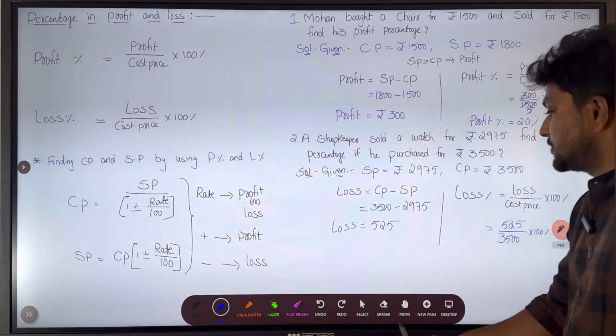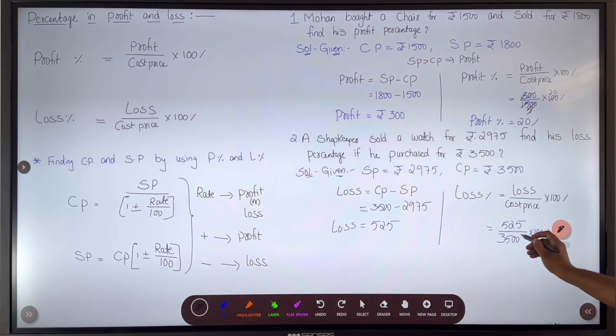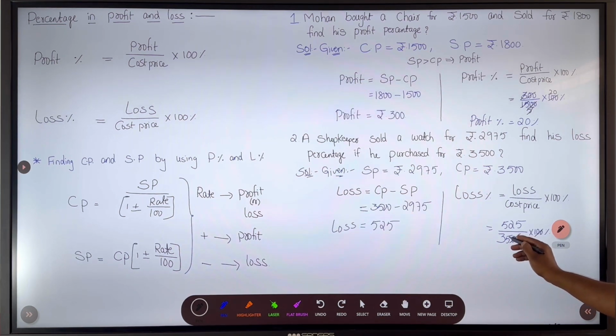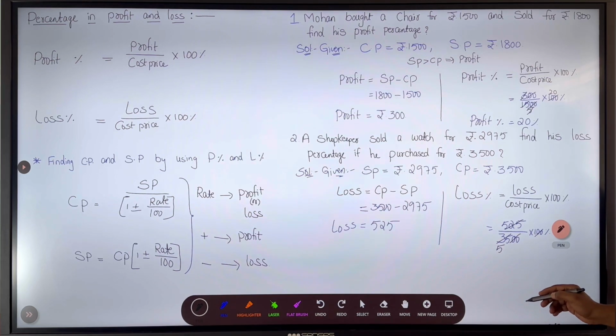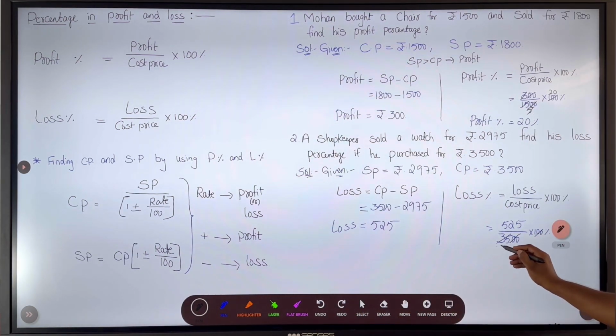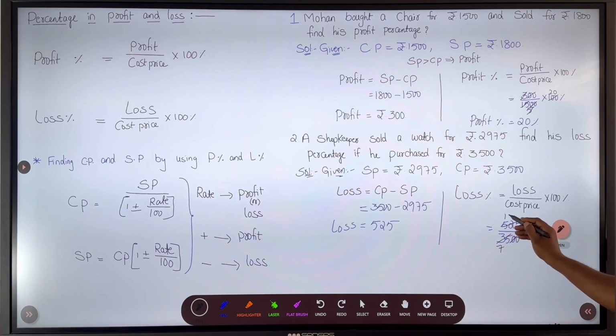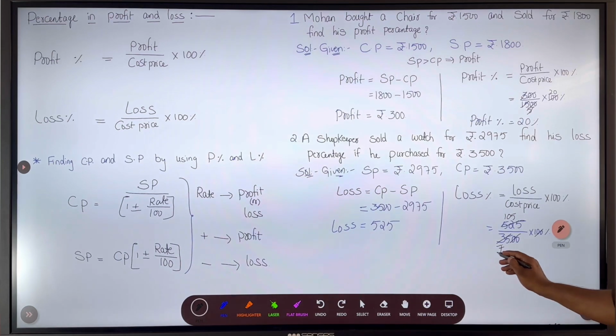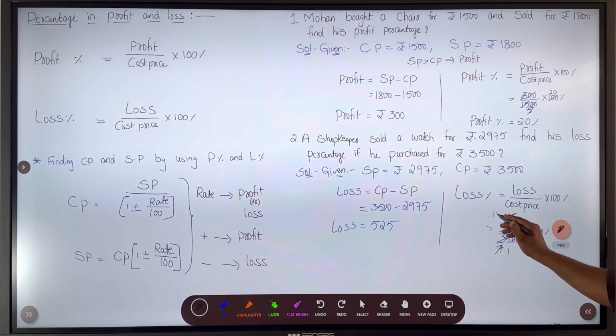We can cancel zeros, right? 2 zeros get cancelled. Will it divide by 35? Yes. So let's cancel with 7. 7 5s are 35, 5 7s are 35, 7 1s are 7, 15 7s are 105.